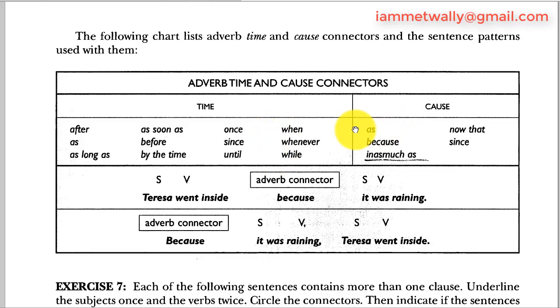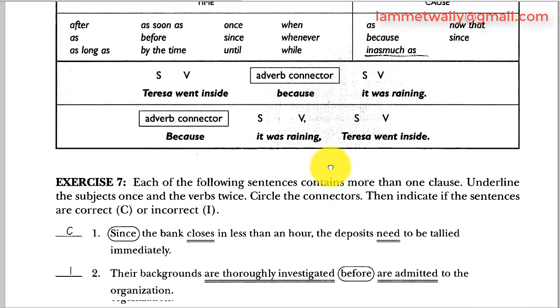And for cause, I have as, because, inasmuch as, now that, since. And here is the pattern. Subject verb, adverb connector subject verb. Teresa went inside because it was raining. Or adverb connector subject verb, comma, subject verb. Because it was raining, Teresa went inside.